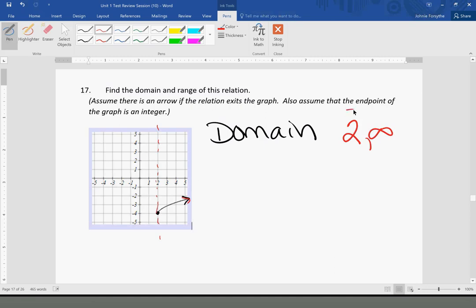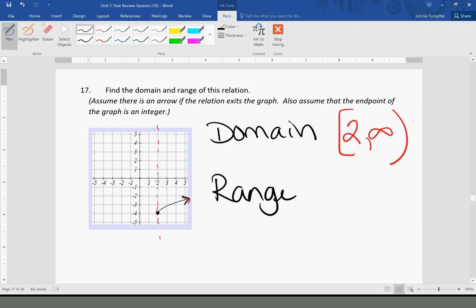So we're going to use a bracket by 2 because it's a closed circle. It's an endpoint, and it is an integer. And then we always use parentheses by infinity. So that's your domain.